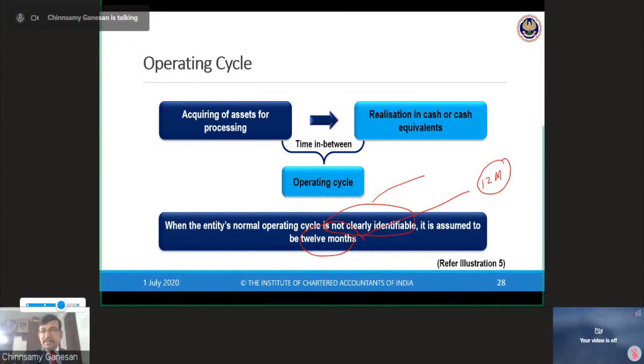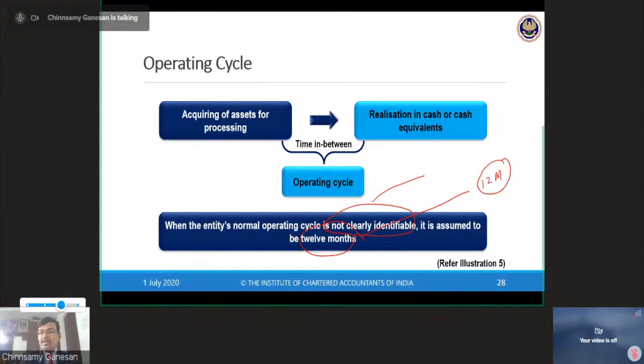Debtors relating to sale of cars will be determined based on the operating cycle relating to cars, right? So different verticals within the company or within the entity may have different operating cycles. So one entity may have more than one operating cycle also, and to that extent the assets and liabilities relating to that particular cycle have to be identified, and you have to apply the principles of current and non-current classification.